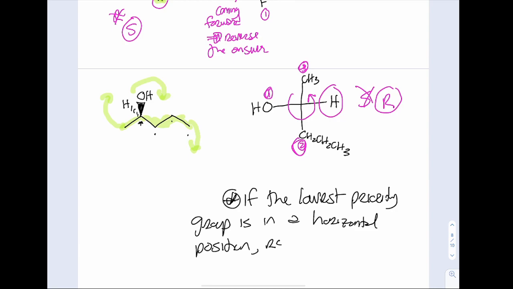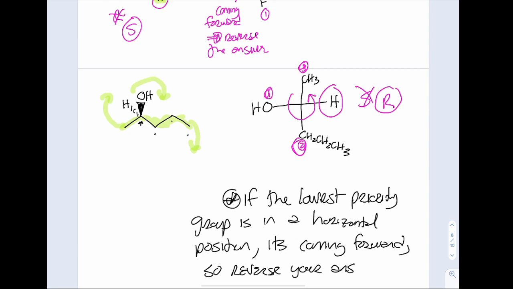You need to reverse, actually let's say it's coming forward. Right, it's coming out at you. So reverse your answer, right? As you go from 1 to 2 to 3, if it's clockwise, instead of being R, you're gonna switch it to S. If it's counterclockwise, instead of S, you're gonna switch it to R. So reverse whatever you get.